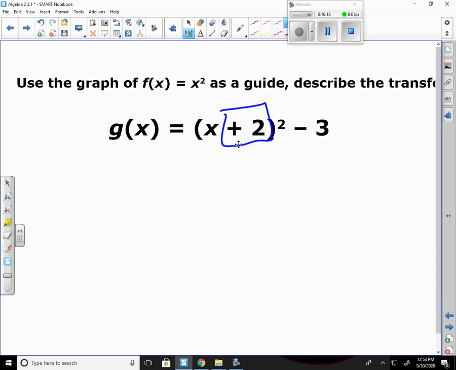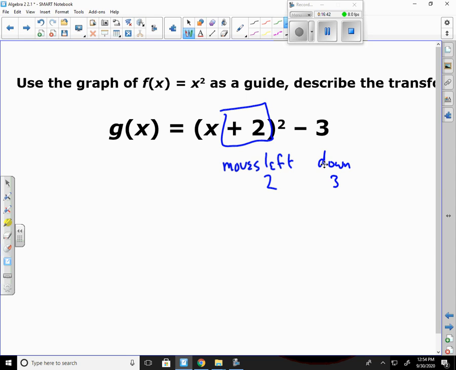Whenever you have a plus 2, it means that it's moving left. The minus 3 means that it's moving down. So we're going left 2 and down 3.